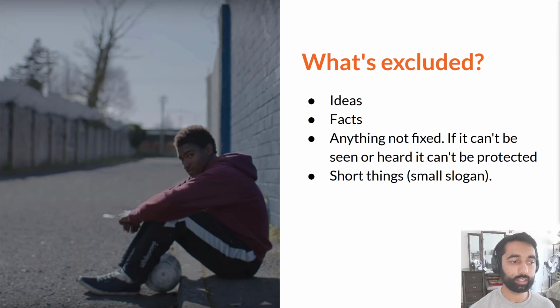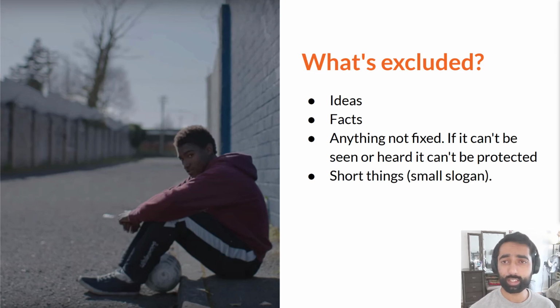The third one is anything not fixed. All right, so that's kind of similar to the ideas. So if it can't be seen or heard, it can't be protected. Okay, so it has to be something you can see, feel, hear, a physical thing, or even an audio. So music or some kind of jingle, that's considered also.